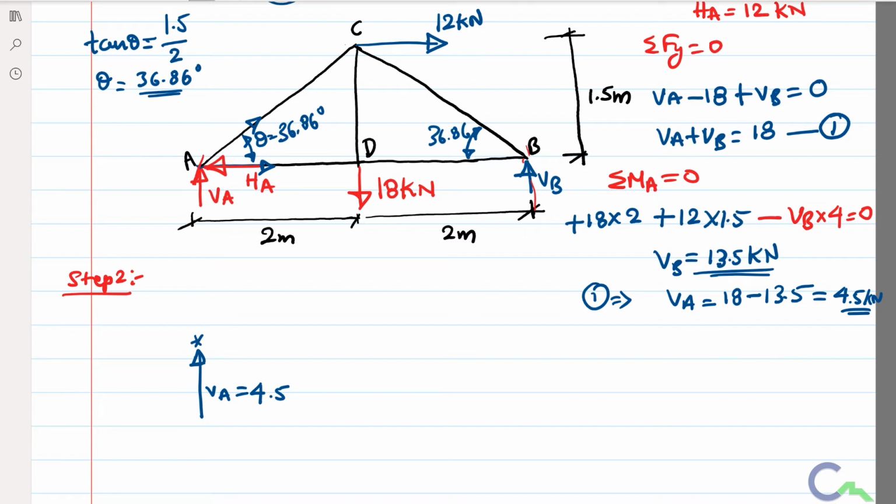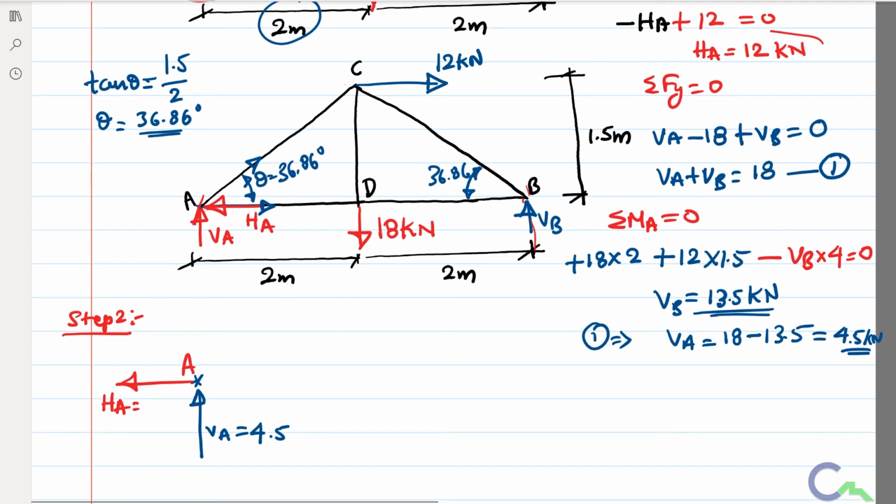Then we calculated HA, I will shift here, I will draw like this, on the other side of A. HA is equal to, we calculated here, that is 12 kilonewton. I am going to take that load, 12 kilonewton. So after that, first time I am considering AC, therefore I will take that as tension, our initial assumption.